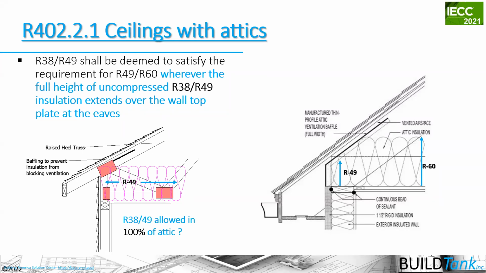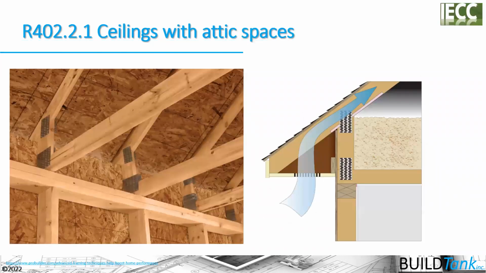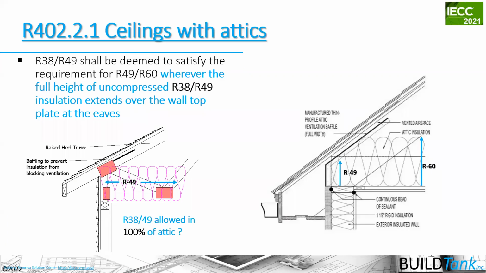If you use the R value table as your compliance option in that prescriptive section there, you have to install R49 over that top plate, which also means that you probably are going to have to install a raised heel truss in order to get the full height of R49 insulation over that top plate. Again, it's restrictive, and it potentially adds additional requirements in order to do that.